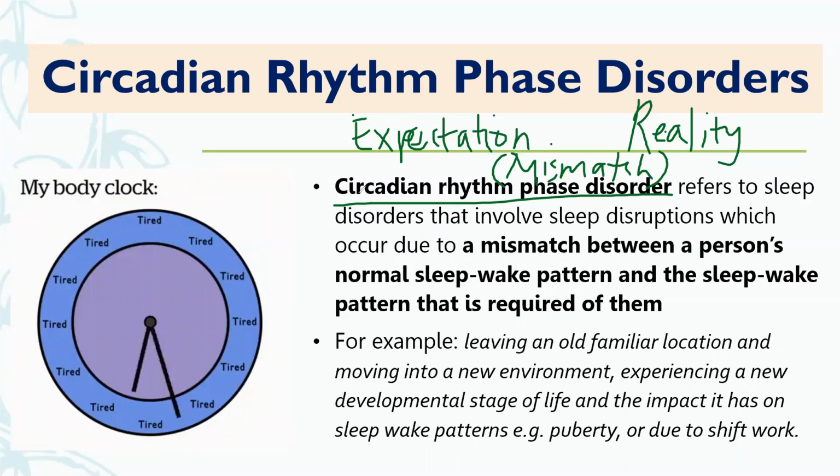A circadian rhythm is influenced by a lot of different things. It's not the same for everyone, and it's not the same for everyone at every part of their life. Depending on which stage of your life you're in, for example, when I was in university, I could easily pull all-nighters all the time.